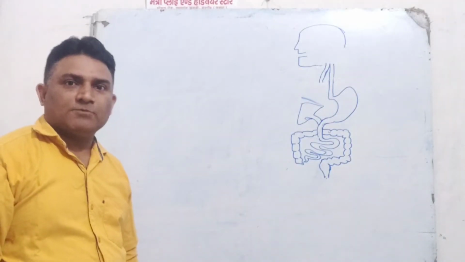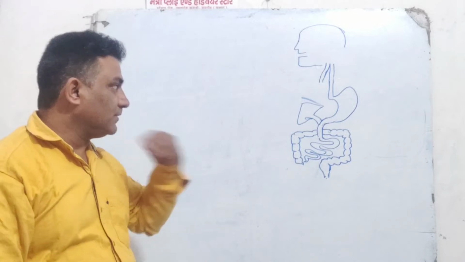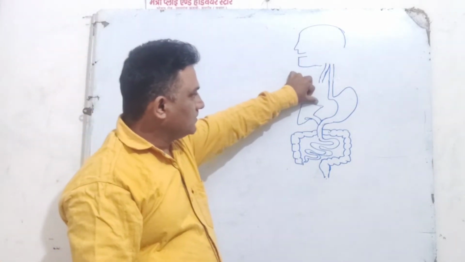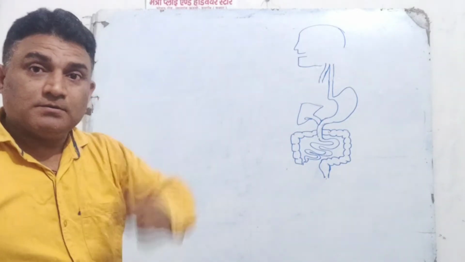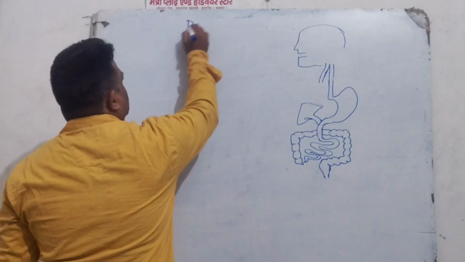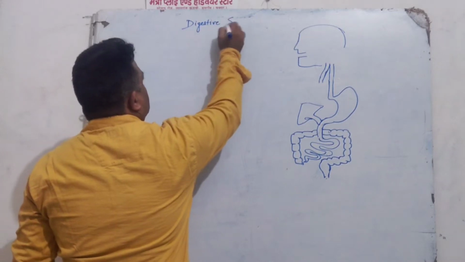Okay. From the diagram, I believe everyone must have understood what we are going to study today. So we are going to study the important part of the life process, that is the digestive system.